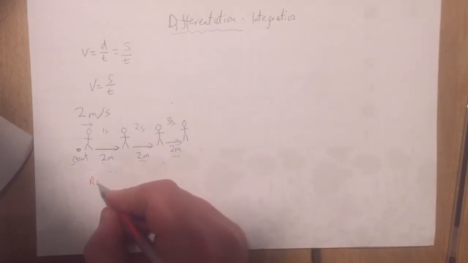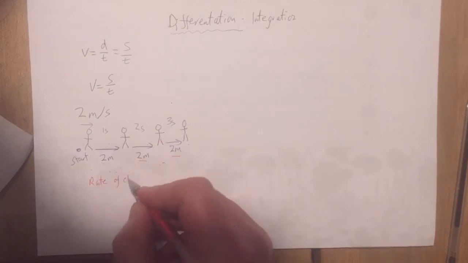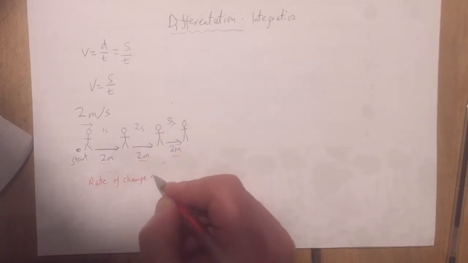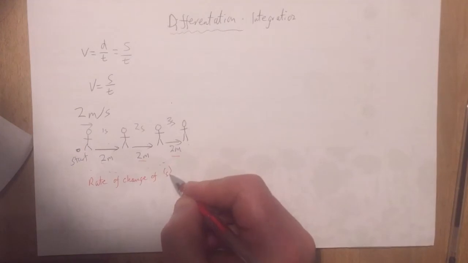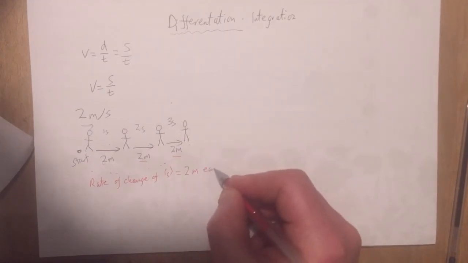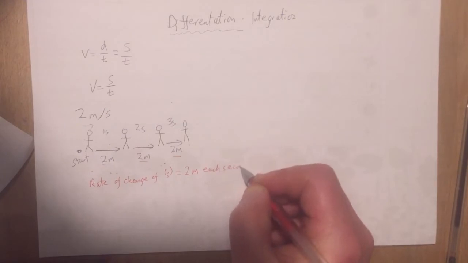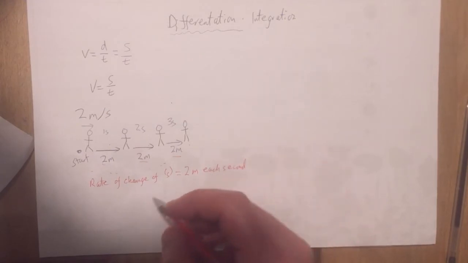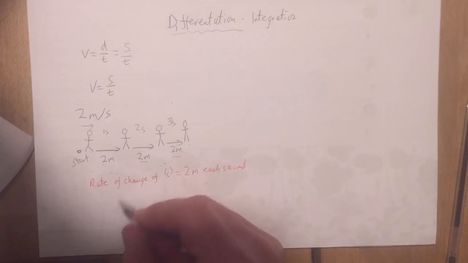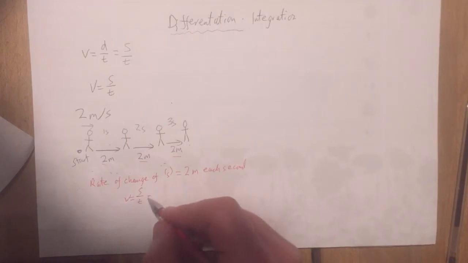So we can say that the rate of change of displacement, which is s, equals 2 meters each second. And the way that we express a rate of change mathematically, instead of saying v equals s over t, is that it's the change in displacement over the change in time.